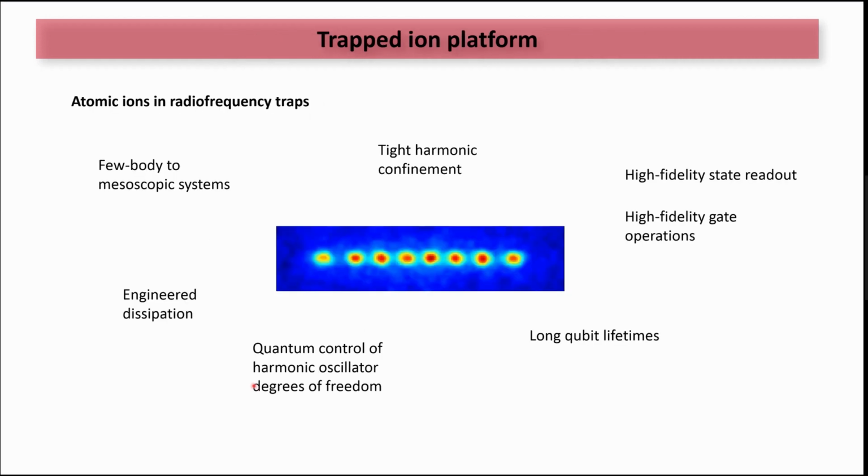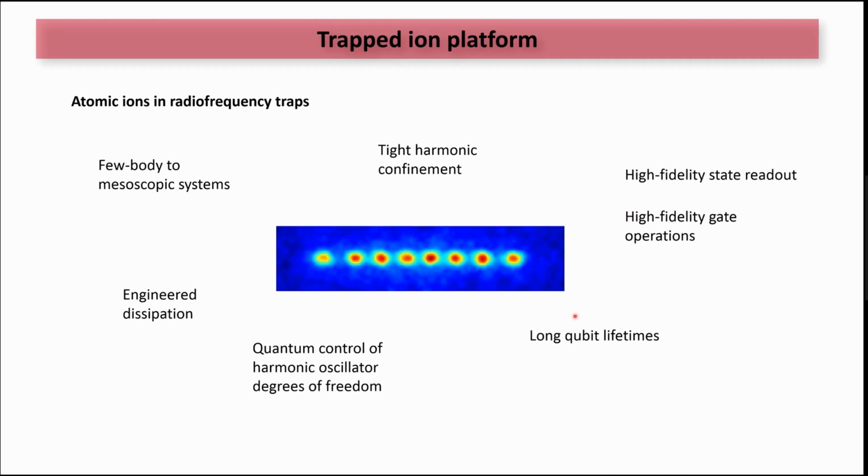Trapped atomic ions are quite versatile platforms for many areas of physics and quantum technology. So we confine ions in radio frequency traps, so they experience tight harmonic confinement along all spatial directions. Then these platforms allow for high fidelity state readout and high fidelity gate operations.